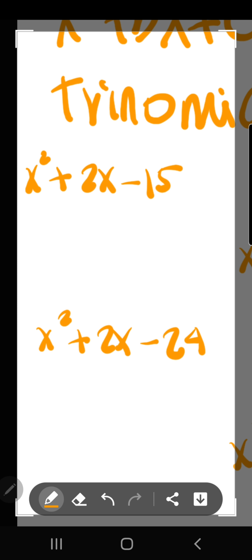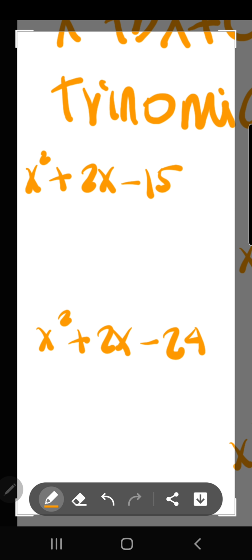The first thing, we identify that these terms are in order because we have first an x squared, then an x with an exponent equal to 1, and then we don't have an x. All the examples are ordered in this case. Not always will they be ordered.